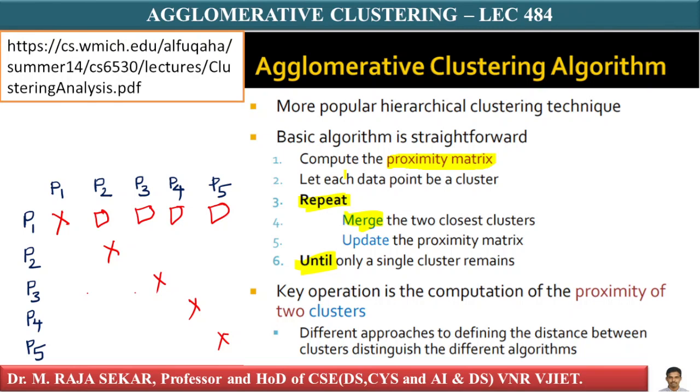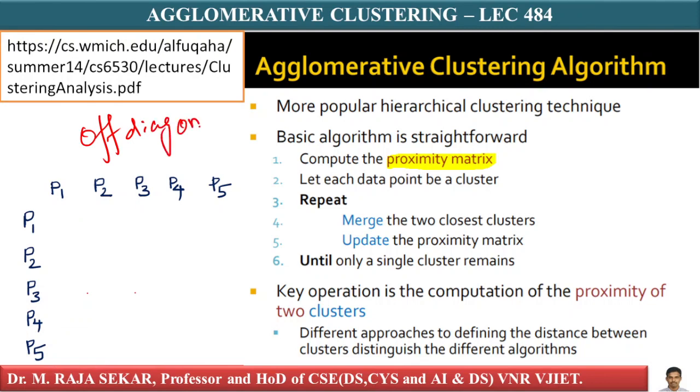We have to look at only off diagonal elements. What is the reason? Diagonal elements have the value 0. Look at only off diagonal elements in this matrix.